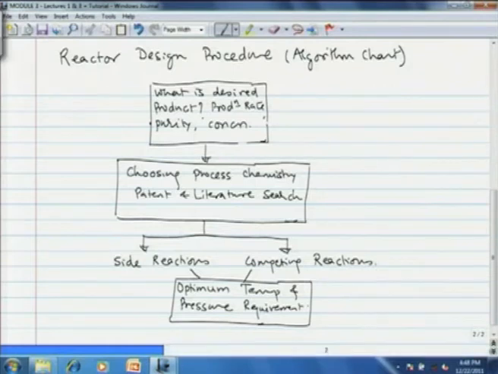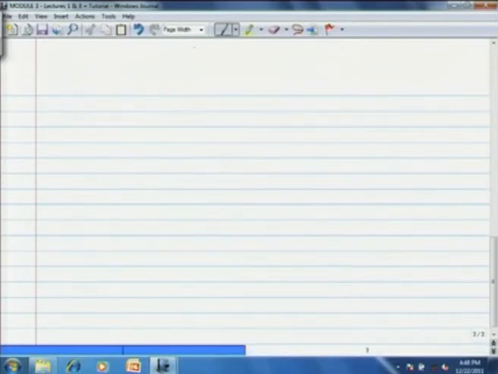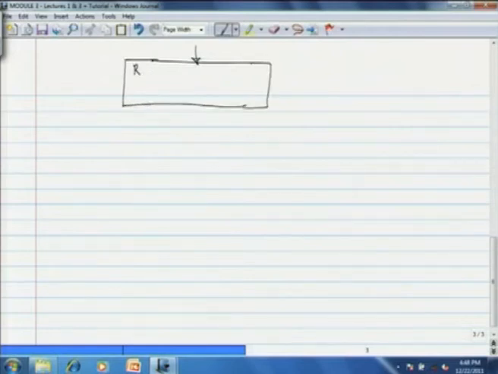Next, we have to determine the reaction kinetics and the phase of the reaction, whether it is a vapor phase reaction or a liquid phase reaction, or it is a mixed phase like gas liquid reaction or gas liquid solid reaction, and so forth.